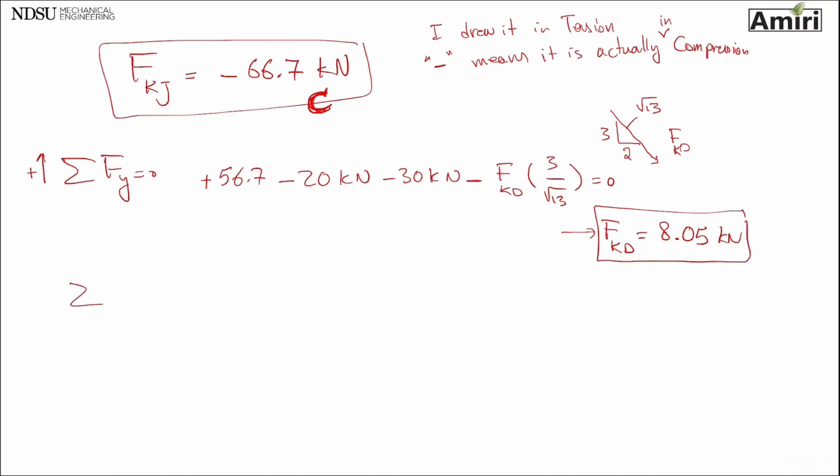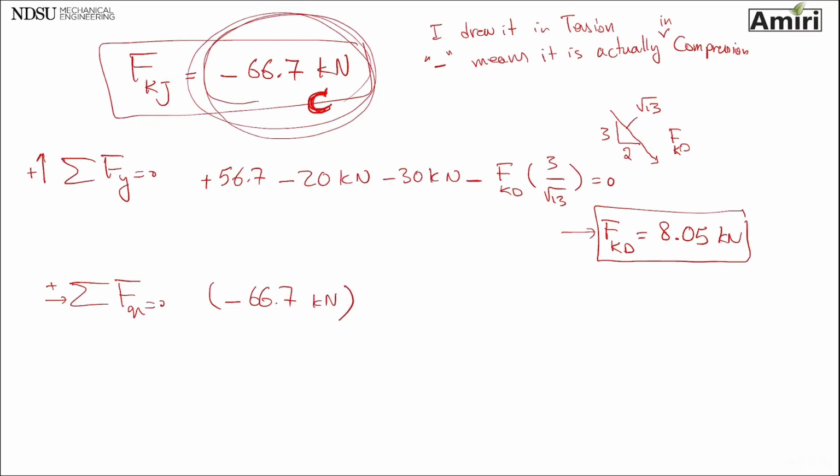Okay, and the last equation I have, summation of forces in x is 0. I have a minus 66.7 kilonewton, this force that I just found, with the sign and everything, put it in the equation, plus FKD.